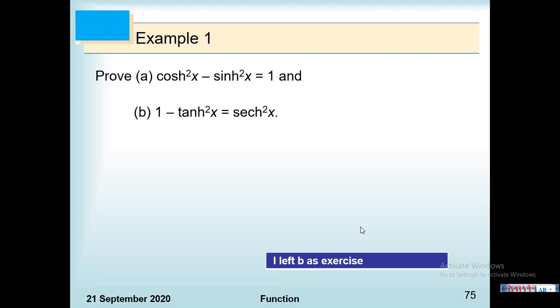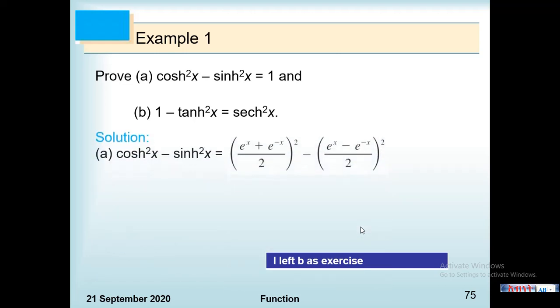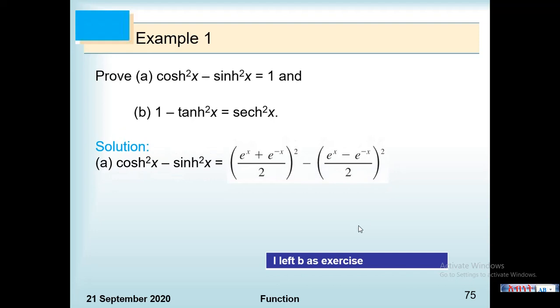Example, prove this. I left B as exercise, but let us see. A solution. Show that this is this. So this means this, e to the power x plus e to the power of minus x, all squared, minus sinh squared, and after this it is a matter of algebra.